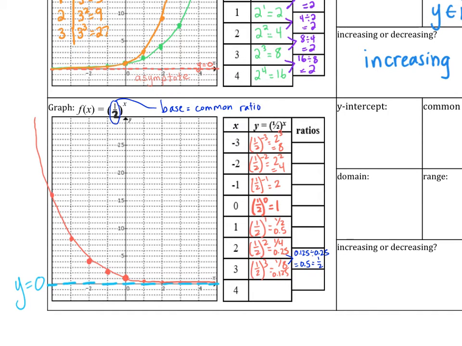So because this is exponential, all of the ratios will be the same. So 0.25 divided by 0.5 is 0.5, which is the same as 1/2. 0.5 divided by 1 is 0.5, which is 1/2. And they're all equal to 1/2.